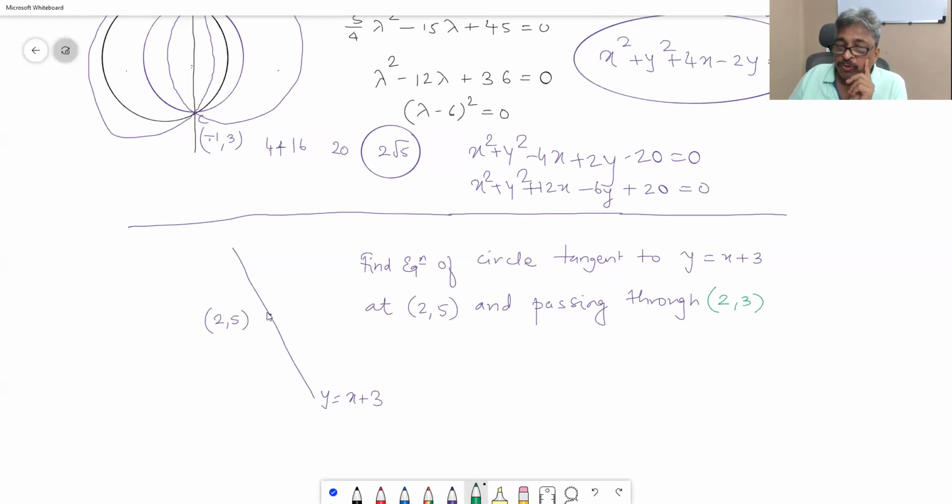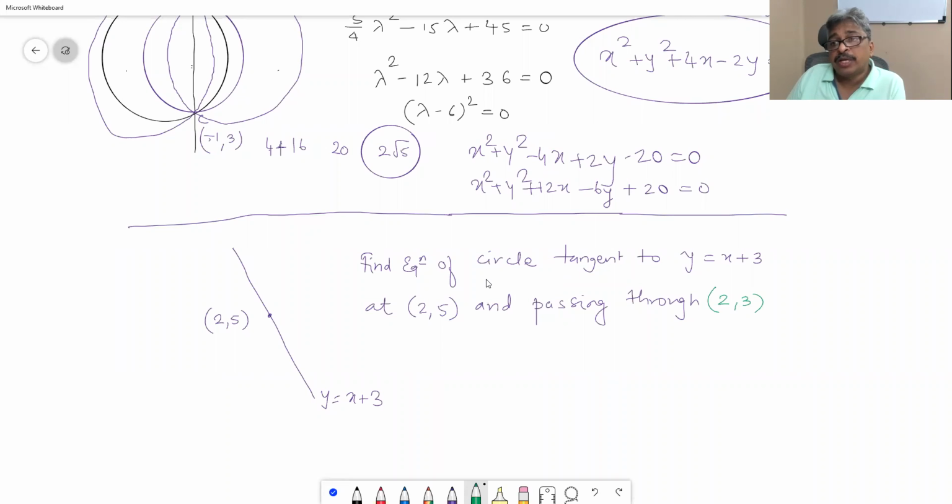And the equation of the line passing through 2 comma 5 perpendicular to y is equal to x plus 3. Their intersection is going to be the center. And from that center to 2 comma 5 or 2 comma 3 is going to be your radius. That is one way of doing it, which is correct, and it is also not very long.